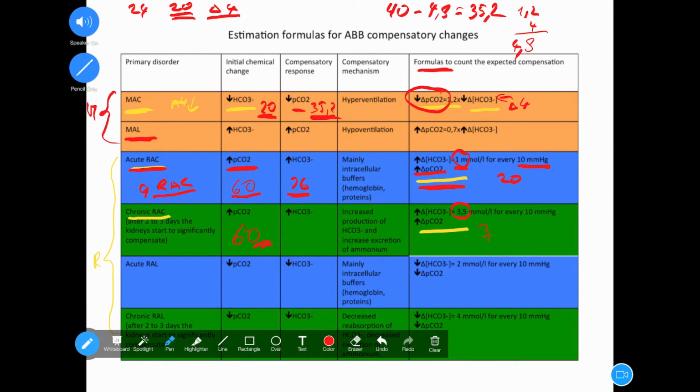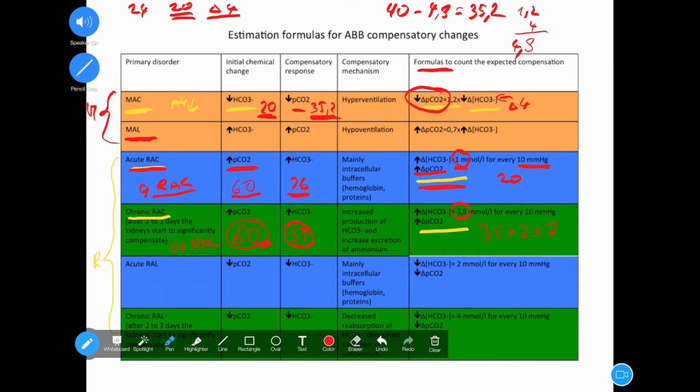So 3.5 times 2, which equals 7. So now I would expect that bicarb goes from 24 to 31. So again, if someone comes to me, I take his blood, and he has exactly this, I know it's rather a chronic respiratory acidosis, yeah?